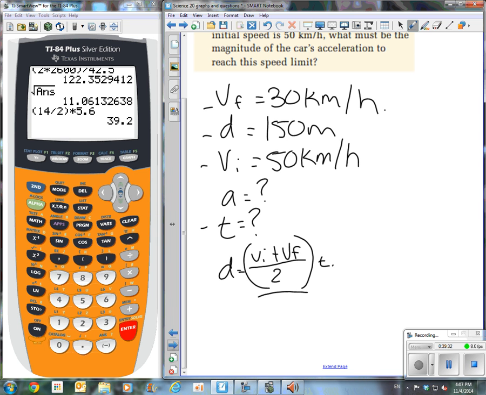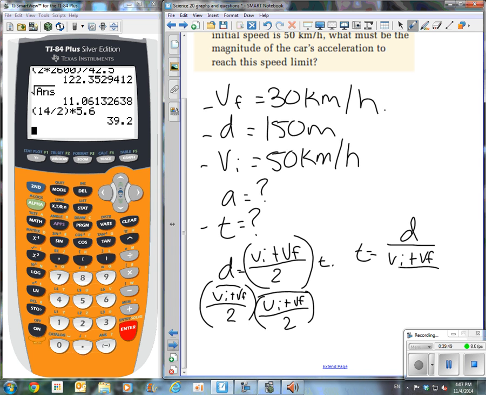So I need to divide both sides by VI plus VF all over 2, which equals D. So T is equal to D divided by VI plus VF all over 2. I'm going to calculate time in this manner.